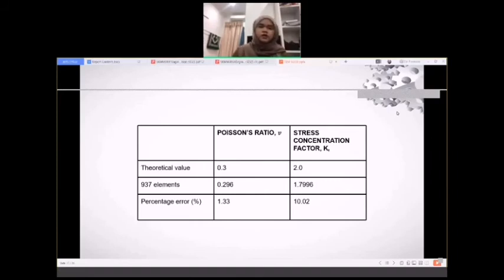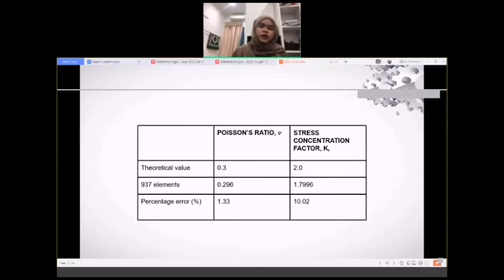So the value is quite similar, so that means there is minimal error in our calculation. And for the stress concentration factor, the theoretical value given is 2.0, and the one that we calculated with the optimum number is 1.7996, which is also not far off, with a percentage error of 10.02.